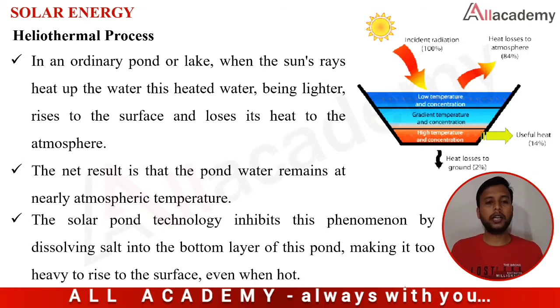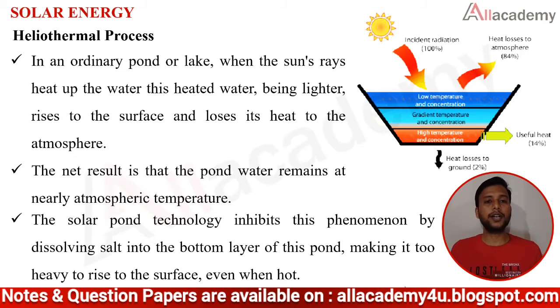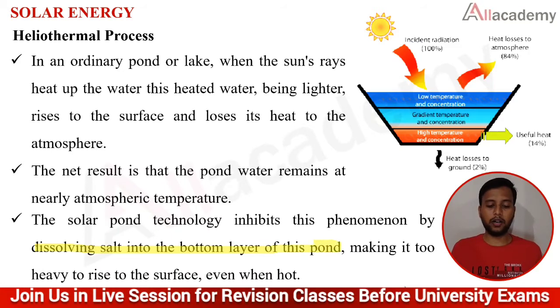The solar pond technology inhibits this phenomenon by dissolving salt into the bottom layer. Please note that by dissolving the salt into the bottom layer of this pond, it becomes too heavy to rise to the surface even when hot.